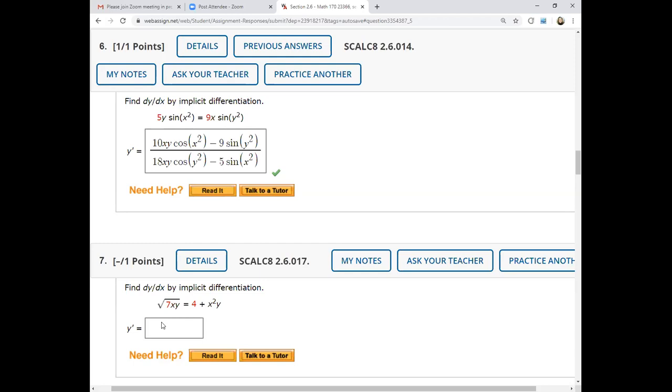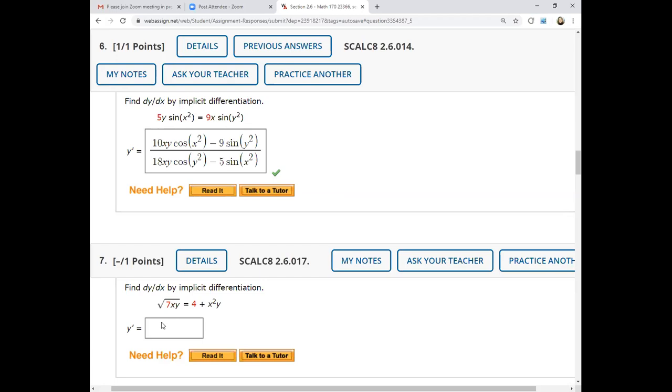If I multiply right now by 2, before I do all my gyrations, then I'm going to have (7xy) to the negative half times 7y plus 7x dy dx equal to 4xy plus 2x squared dy dx. Oh, I see. It keeps it from devolving.